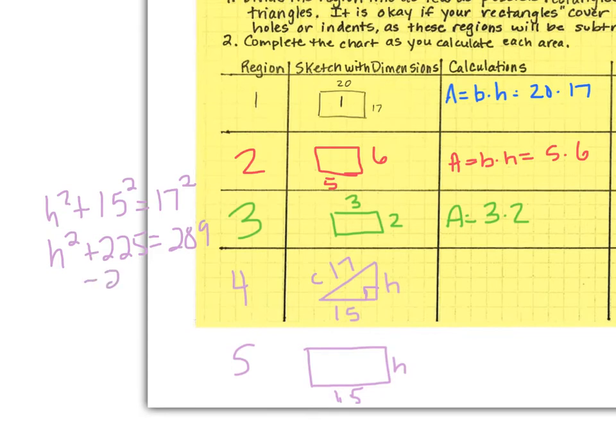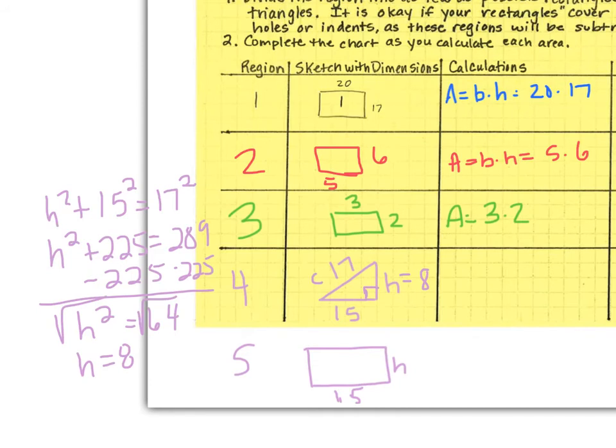I'm going to subtract 225 on each side. h squared is equal to 64. And if we square root that, h is 8 units high. So that means the height here is 8.